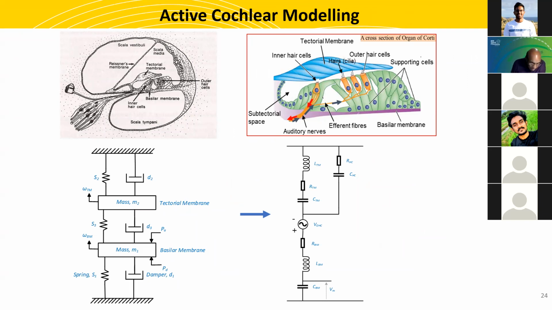So how do we do that? We know from physiology that the tectorial membrane is responsible for that as well. It's a resonant mechanism as well, and there is some sort of energy being fed back. Earlier we had the model like that. Now we will have the tectorial membrane.